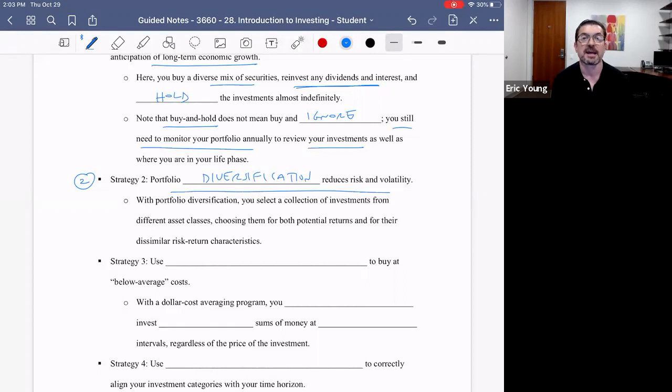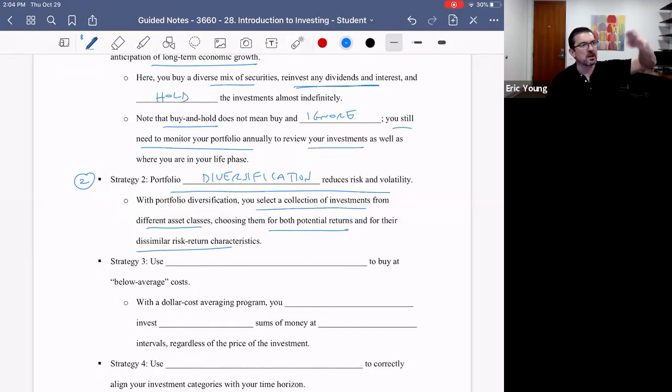Portfolio diversification is a very advanced topic with a lot of math behind it in advanced finance, but at its core, it's basically you selecting a collection of investments, building a portfolio from the different asset classes, and critically combining them so that you get both potential returns, but also what they say in the jargon are dissimilar risk return characteristics. In other words, you want to have a balanced portfolio, including assets that behave in different directions based on economic conditions.